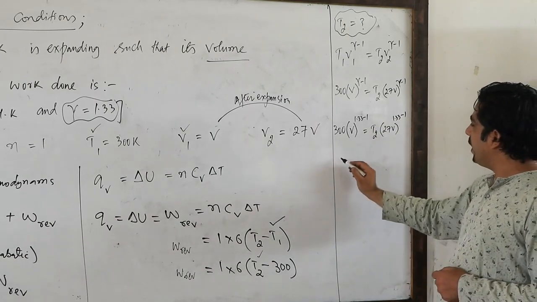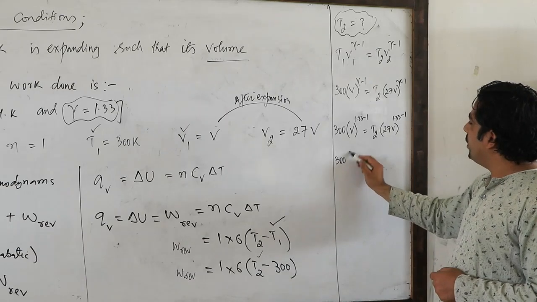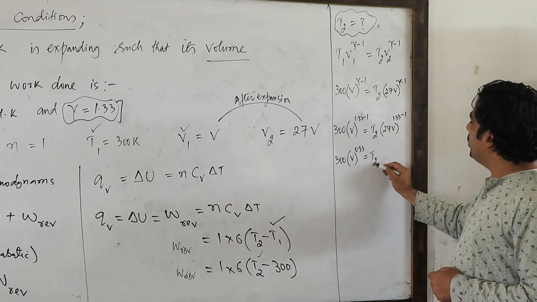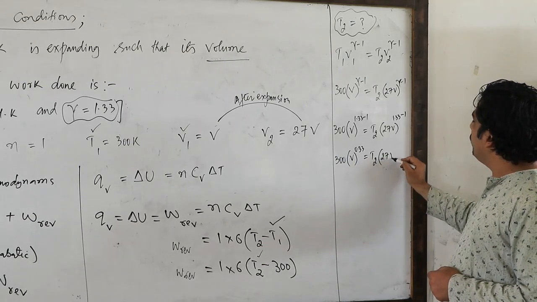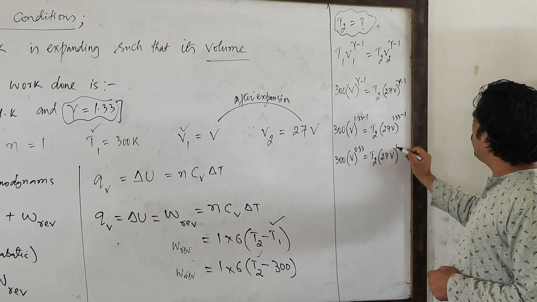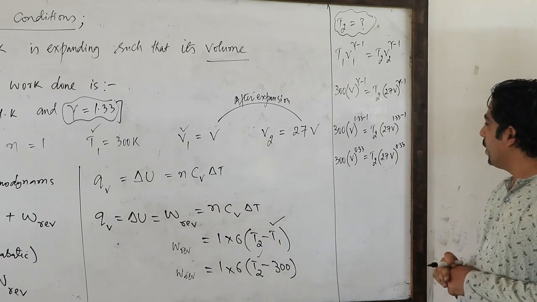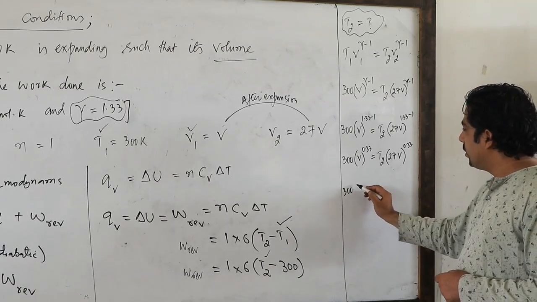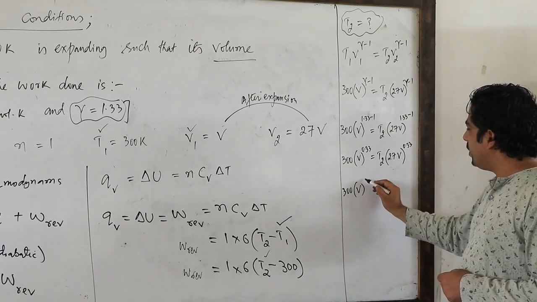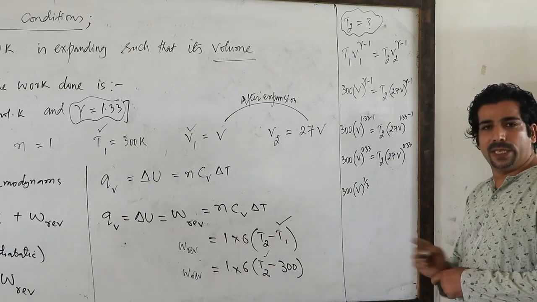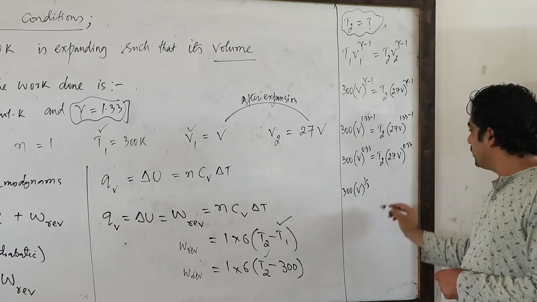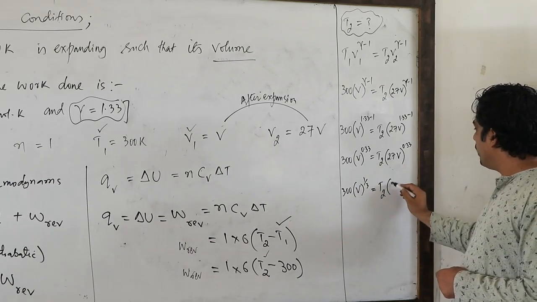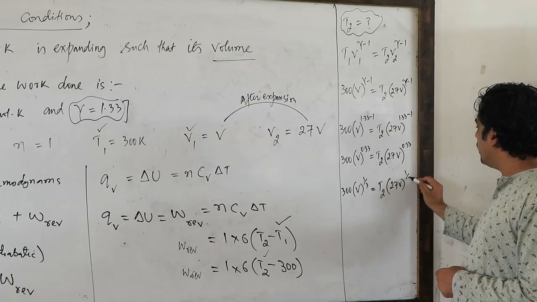So obviously we will get 300 into V to the power 0.33, and T2 times 27V raised to 0.33. This 0.33 can also be written as 1 by 3, so it will become 27V raised to 1 by 3.